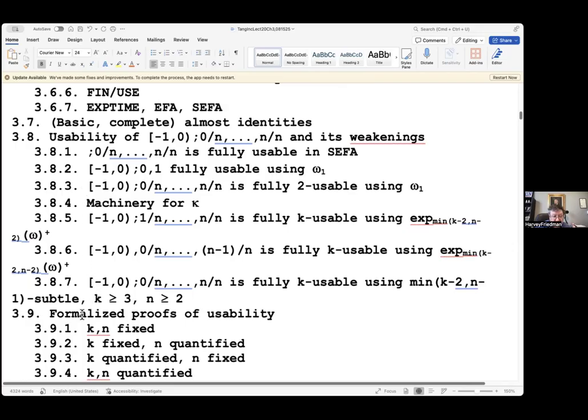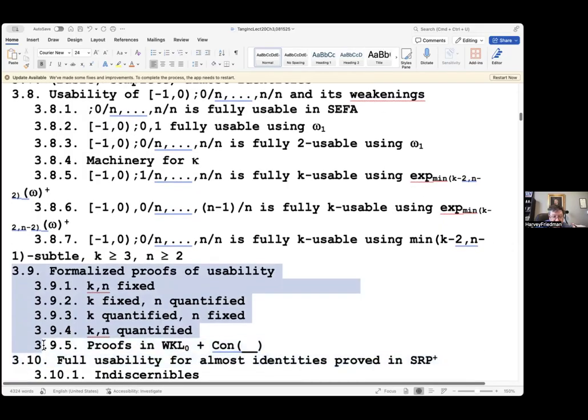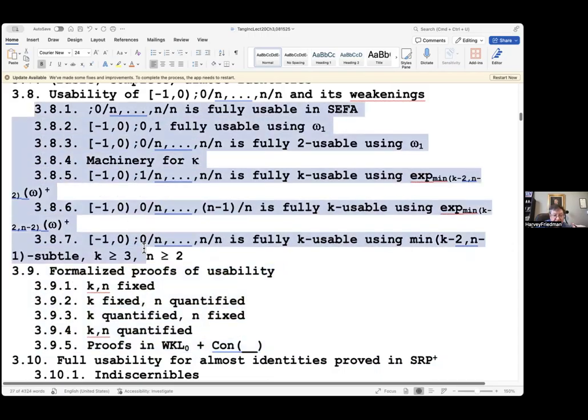All right. So then we have, what are these proofs of usability really? What are the formal systems really? Because this is all semi-formal stuff. I say I use this. I'm not concerned with exact metatheory here. Actually, ZF minus power set is more than good enough for this.